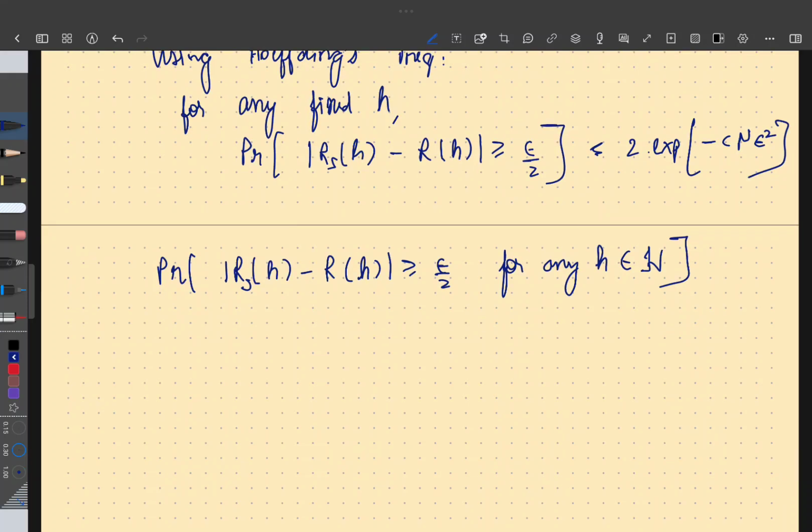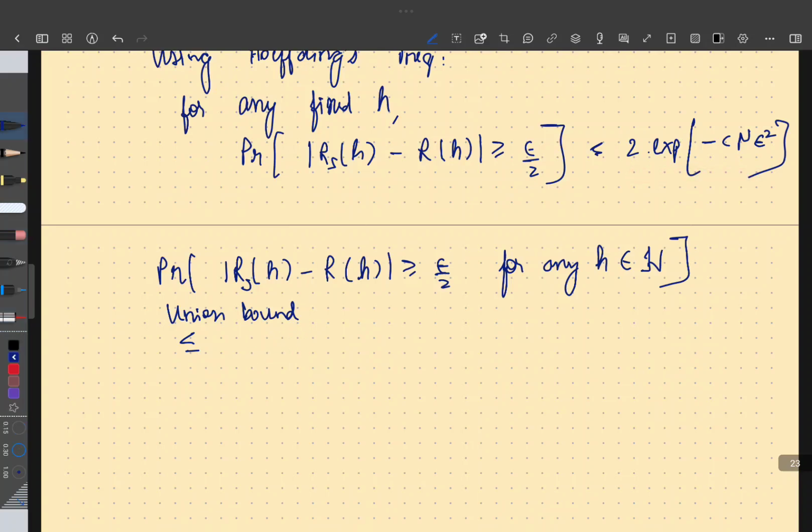And what is the probability of this bad event happening? This can just be upper bounded by the union bound. It is less than or equal to the size of the hypothesis class, since for every h in the hypothesis class I have this holding true.